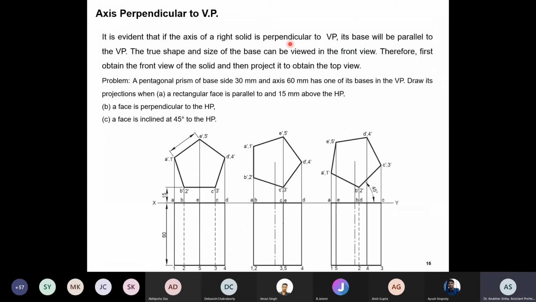Let us say we have a pentagonal prism, which is lying on the ground with the axis perpendicular to the vertical plane. So this is how it is lying. Now, for this view, I make a view like this, whether I am looking from the top or from the bottom. Let me make arrows.